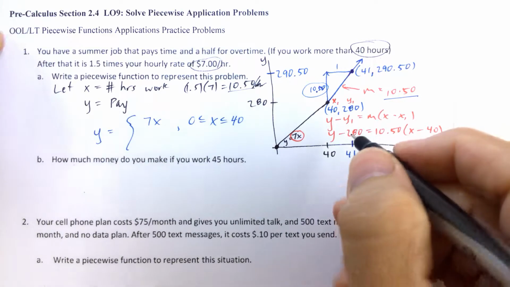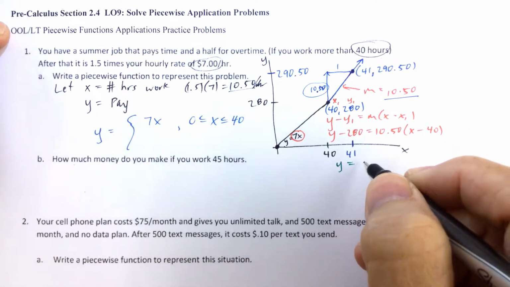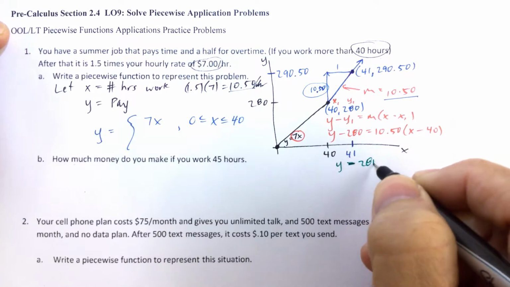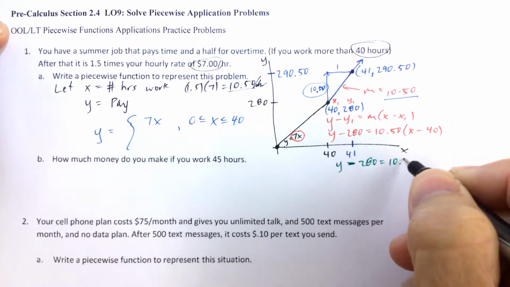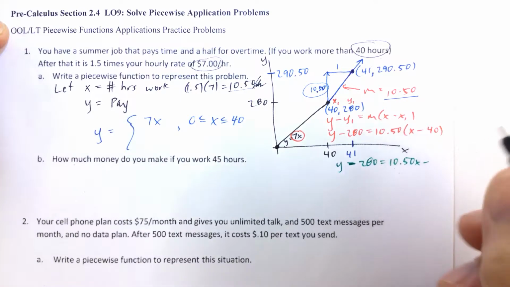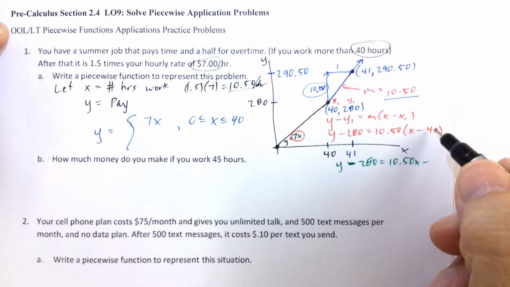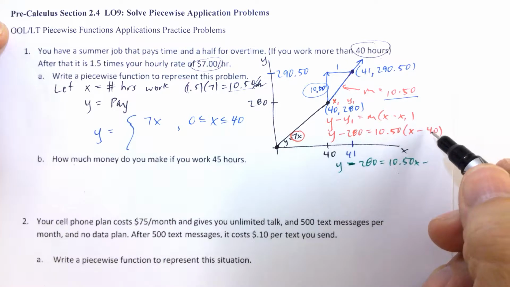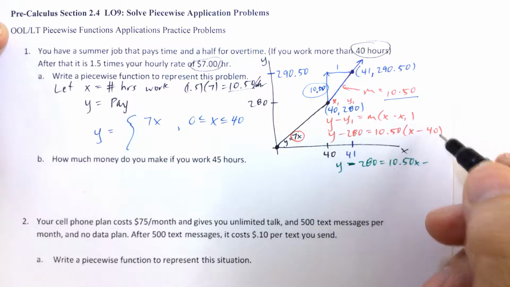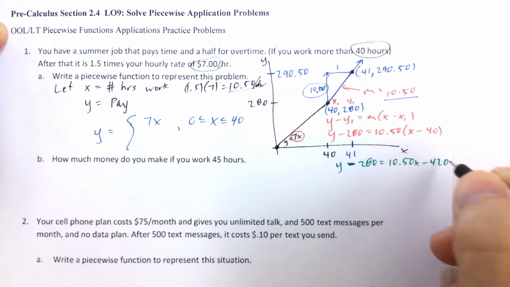If I add 280 to both sides, actually I'm going to not do that yet. I'm going to multiply through by 10.50. So 10.50 times 40: 10.50 times 4 would be 42, so 10.50 times 40 is 420.